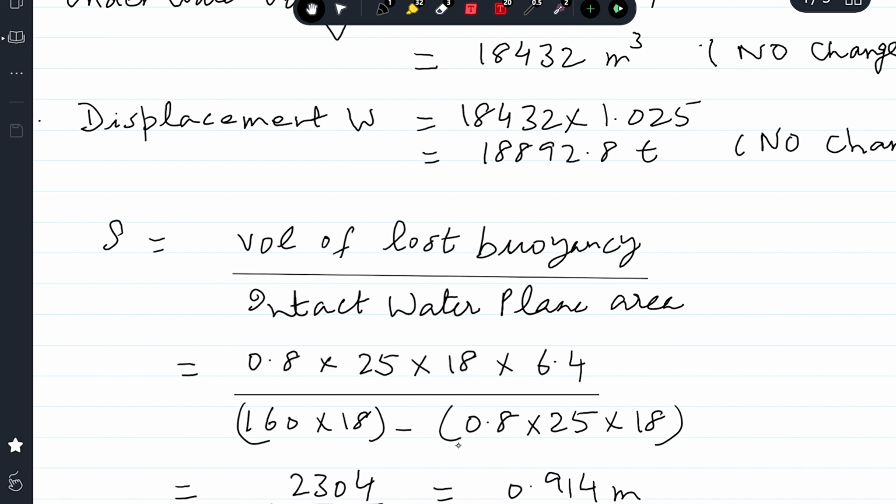So 0.8, the length of the hole into breadth of the hole. This is lost. So if I subtract from total area the lost area, I get the remaining intact area. So 2304 is the volume of lost buoyancy, and 2520 is intact water plane area. I get sinkage 0.914.